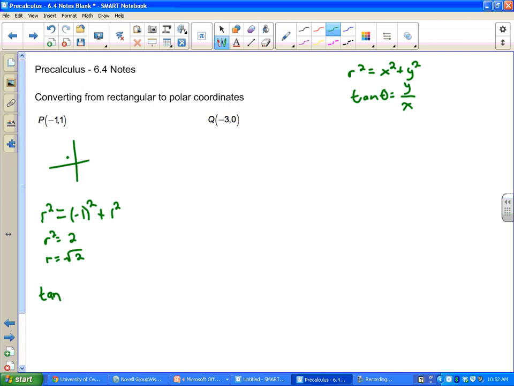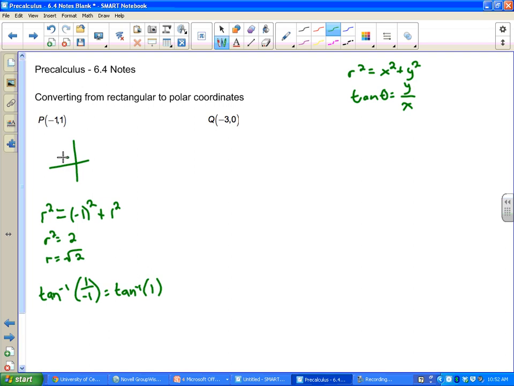The inverse tangent of our y value over our x value, and actually this is something that's on the unit circle. The inverse tangent of 1, or tangent theta equals 1, what is theta, is basically what we're asking. And we want the answer that's in the second quadrant, so it was helpful that I drew that.